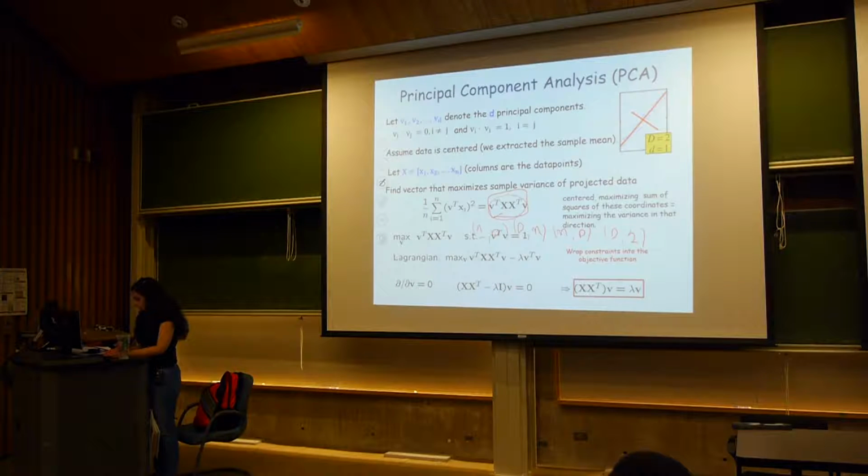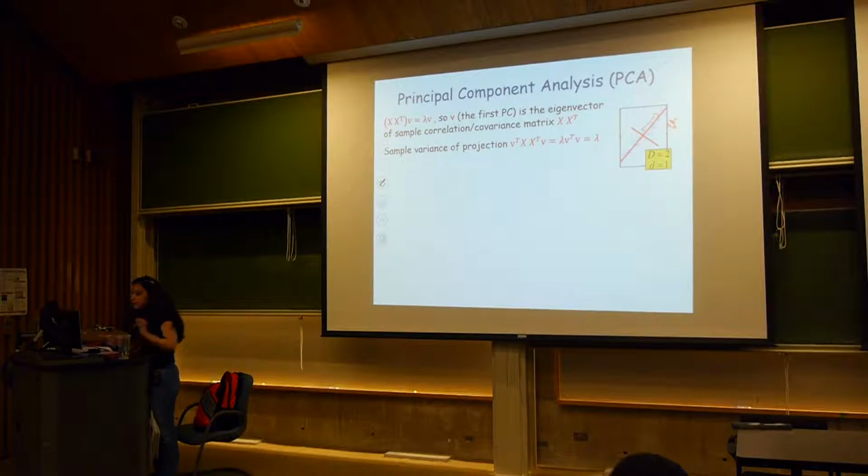If I go back and compute it for my first principal component, the sample variance of the projection onto that first principal component will be V transpose XX transpose V. I can just compute it as a matrix multiplication, V transpose multiplied with XX transpose V.